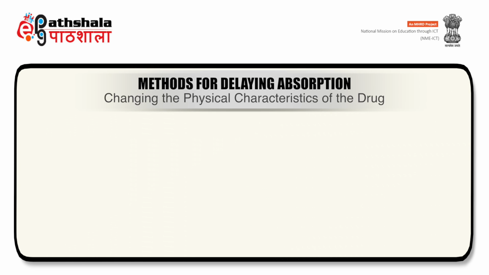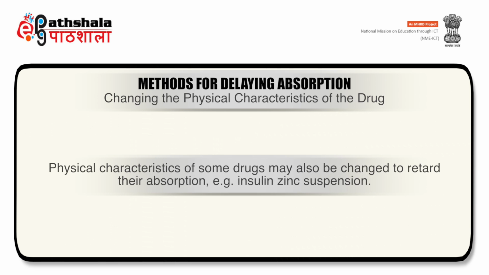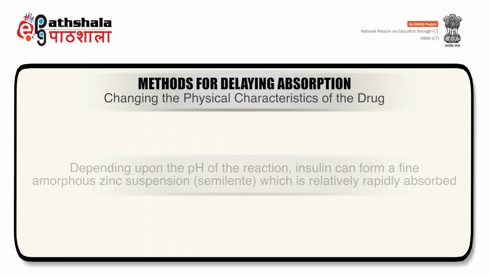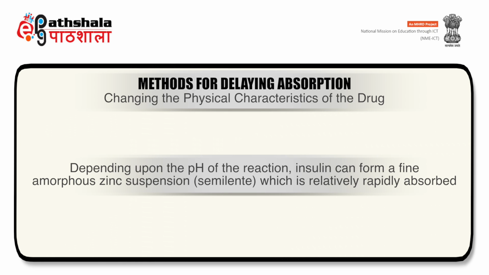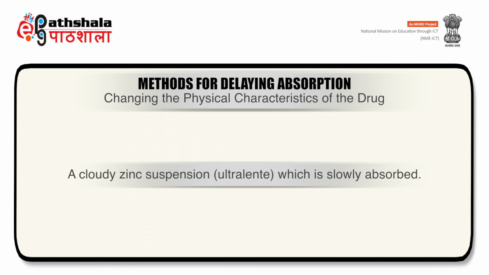The second method for delaying absorption is changing the physical characteristic of the drug. Physical characteristics of some drugs may be changed to retard their absorption, for example insulin zinc suspension. Depending upon the pH of the reaction, insulin can form a fine amorphous zinc suspension, that is semilente, which is relatively rapidly absorbed, or we can have a cloudy crystalline zinc suspension, that is ultralente, which is slowly absorbed.